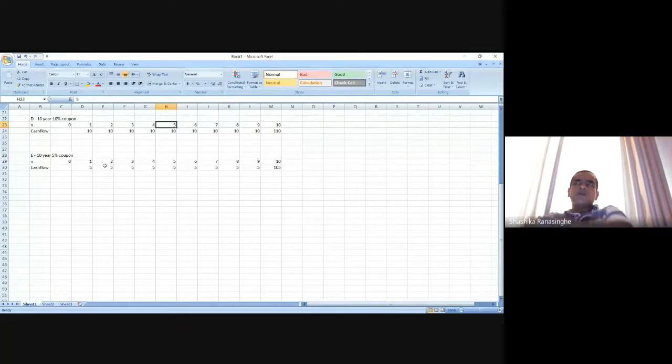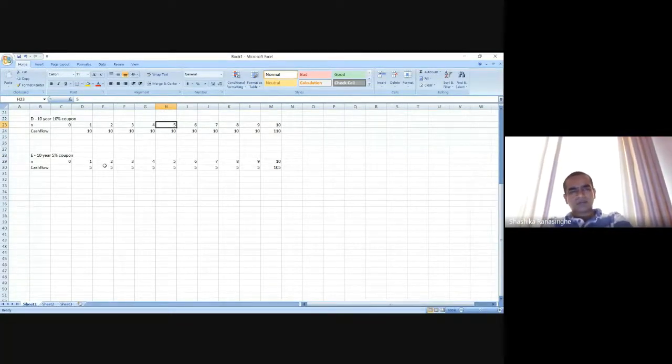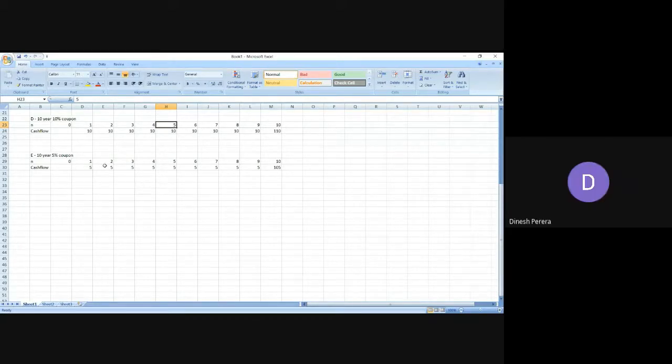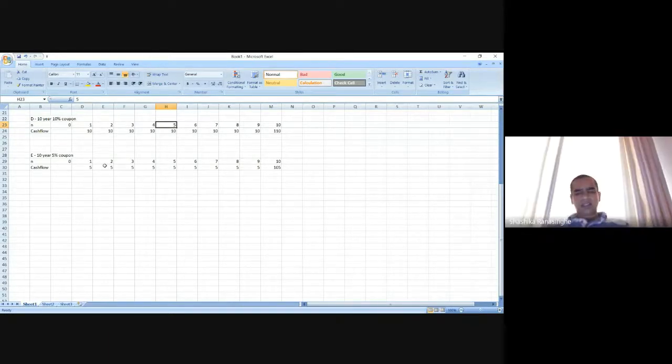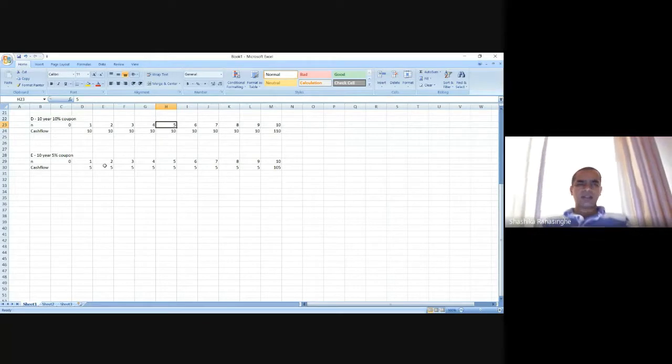Right. Now, can you all remember payback period? Payback. Yeah, it means the duration to cover the initial investment. It's the time you take to cover your original investment, right?